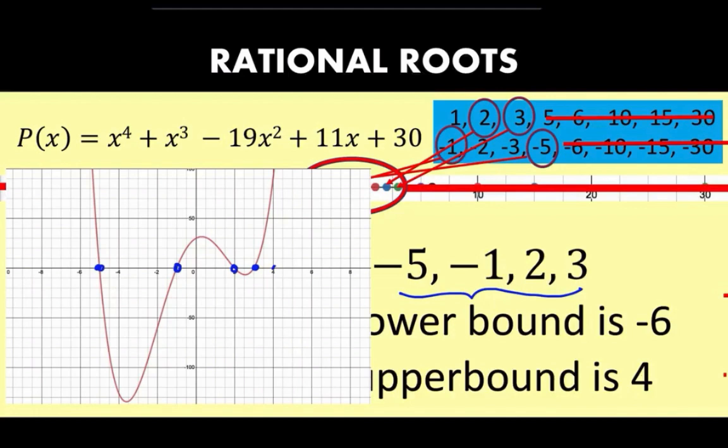And whenever you get a remainder of 0, use the depressed polynomial in order to continue finding all the other possible rational roots. And when you are down to a quadratic depressed polynomial, use the quadratic formula, factoring, or any other method to solve the quadratic equation in order to find the last 2 remaining roots.